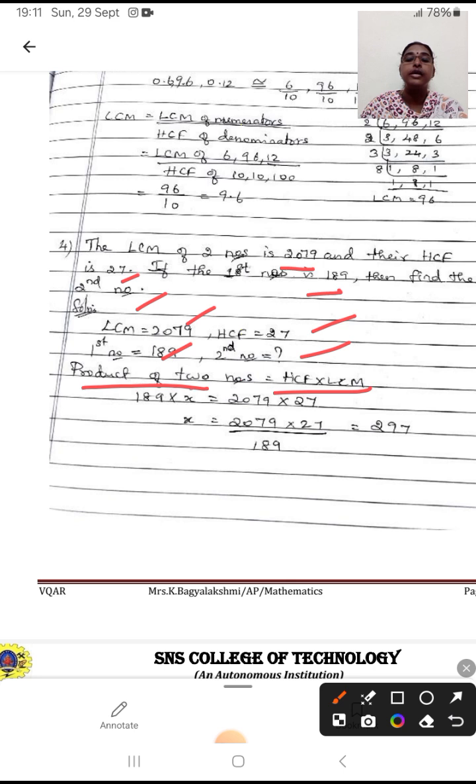We choose the unknown number as X. Cancelling these values, we got the answer as 297. This way we can easily calculate.